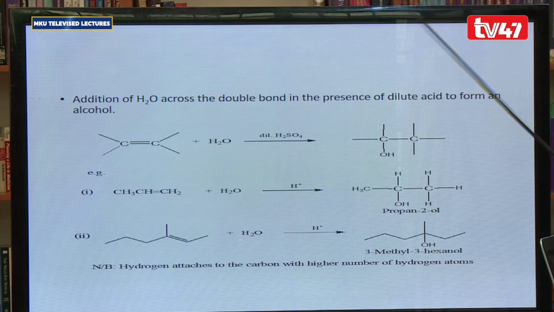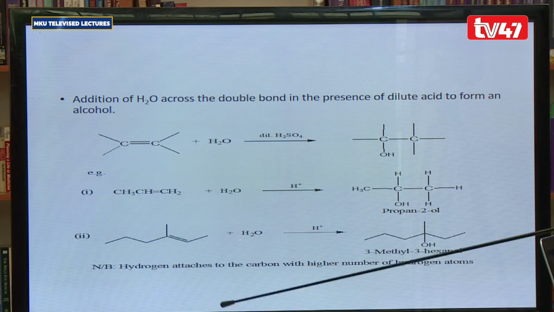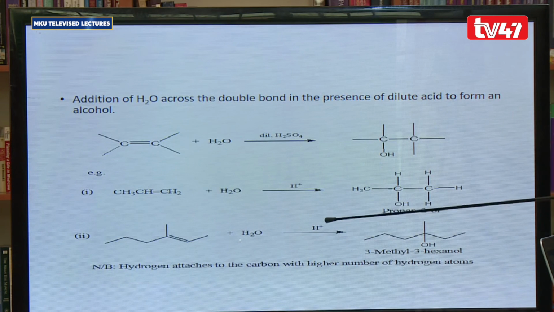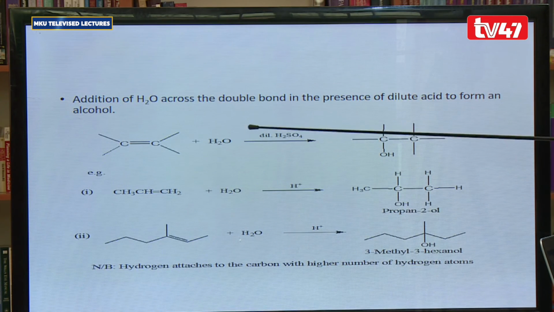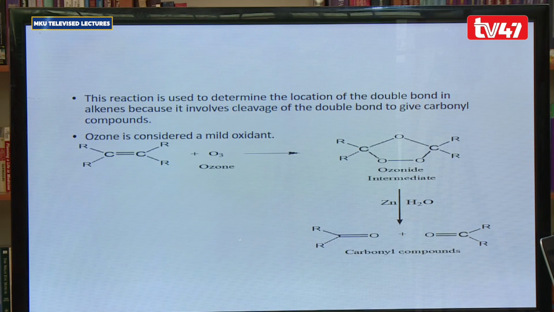Now, in the addition of water, if you look at water as a Bronsted-Lowry acid, which consists of a hydrogen ion and an OH anion, then the hydrogen should add to carbon number 1, which has more hydrogens, following Markovnikov's addition. So the end result will be a molecule which has the OH group in position 2, or propan-2-ol, instead of propan-1-ol.